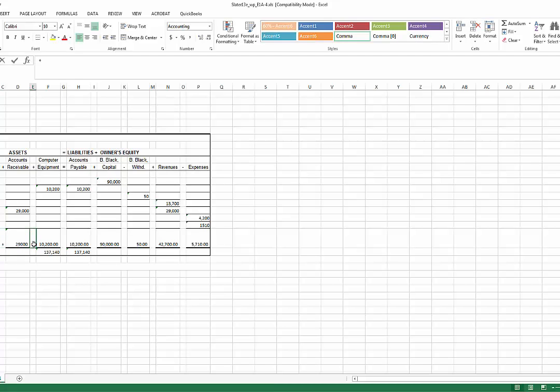I brought them down straight across. I then went through and I did the math. And so over here on this side of the equal sign, I got 137,140. And over here, I added and subtracted all of this like I was supposed to, and I got 137,140.